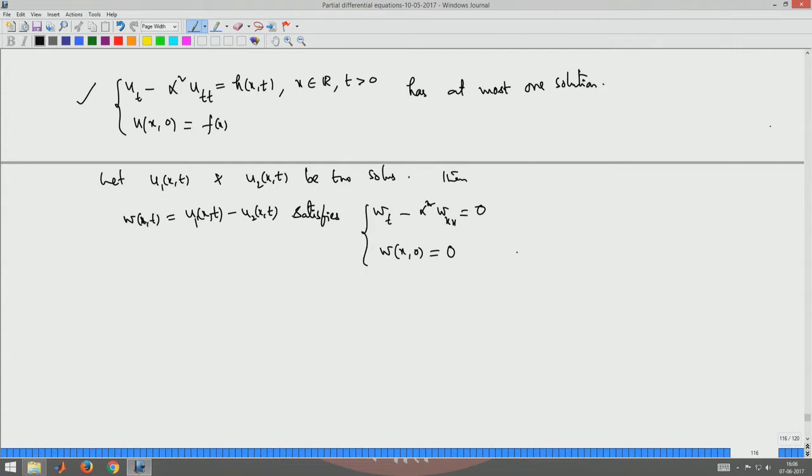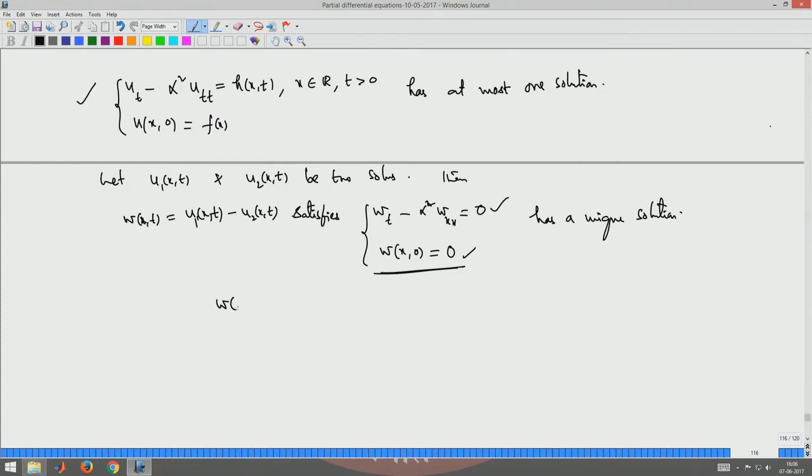We have seen by the energy argument that this problem has a unique solution. The homogeneous equation with the initial data has a unique solution, and clearly 0 satisfies this.